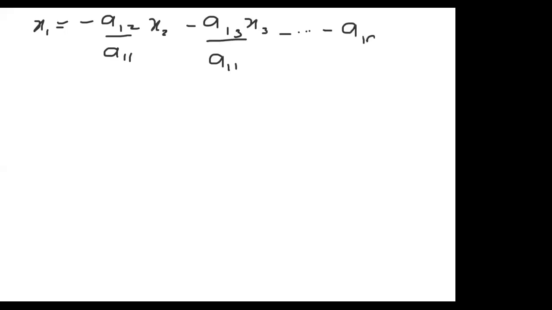So for x1, we are going to have a negative a12 over a11 x2, then minus a13 x3 over a11, and so on up to minus a1n xn over a11, then plus b1 over a11, right? That's what we are going to have.